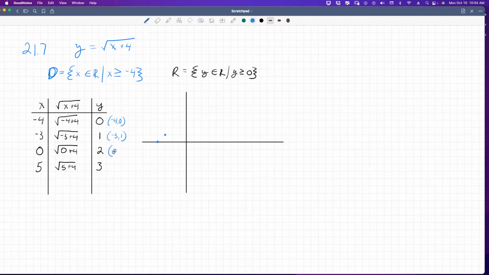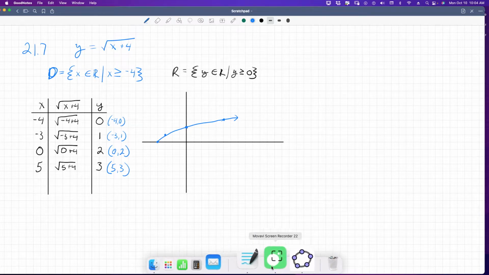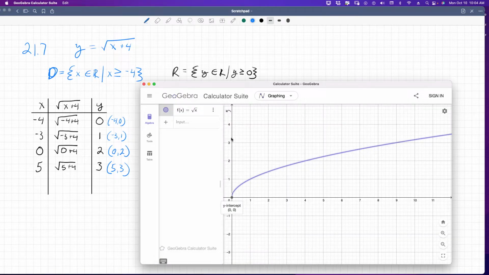My next one is 0 and positive 2. So 0 and 1, 2. So our y-intercept point is this right here. And then 5 and 3. So 1, 2, 3, 4, 5, 1, 2, 3. And this is what my function is going to look like. Just like that.